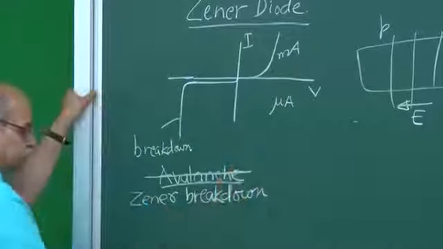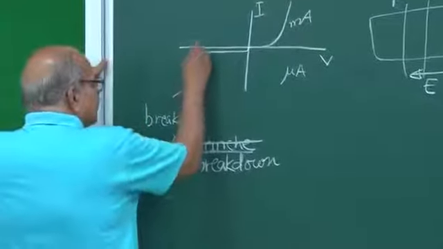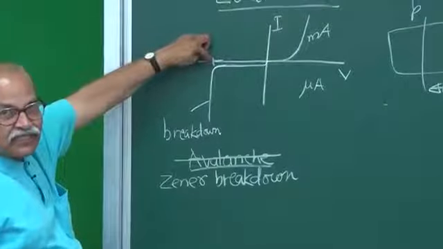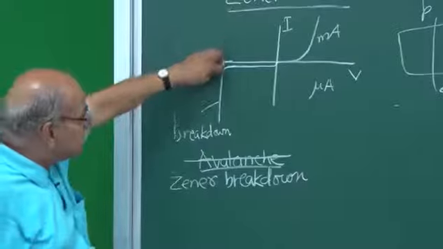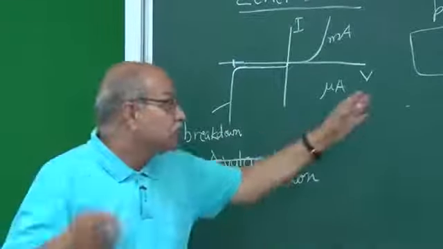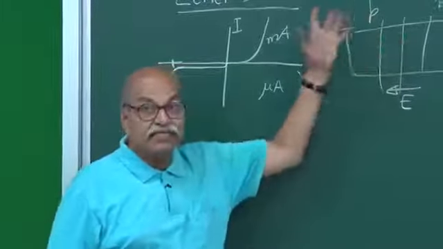And the interesting part is that breakdown occurs at an almost sharply defined voltage. And what that voltage is can be controlled by the diffusion, the concentrations of impurities, and so on.